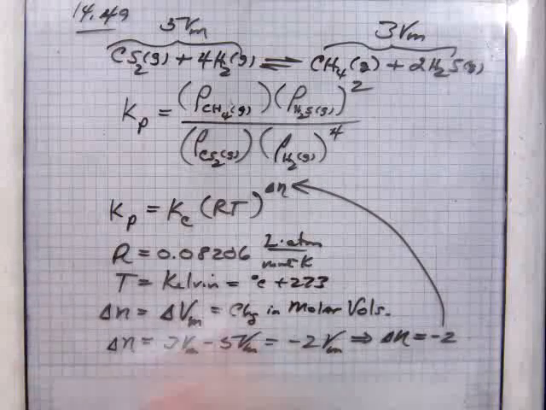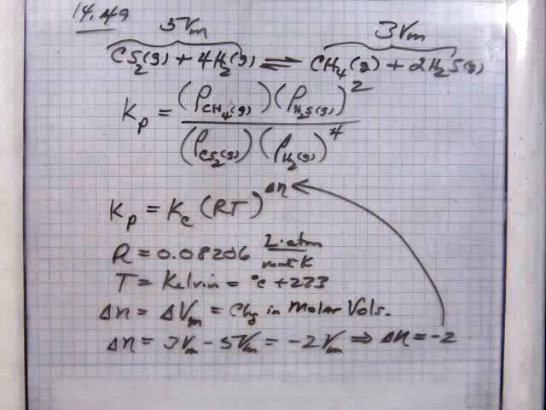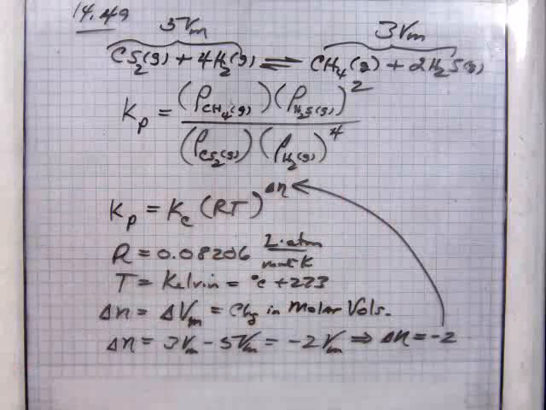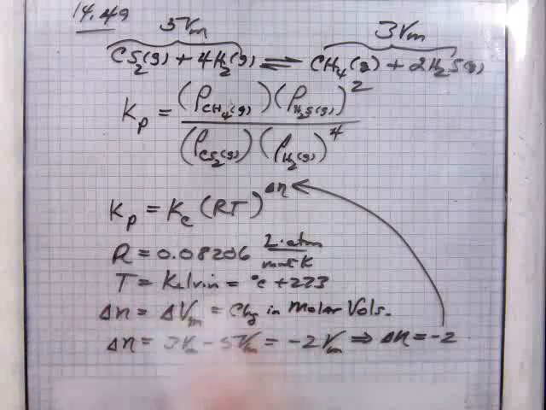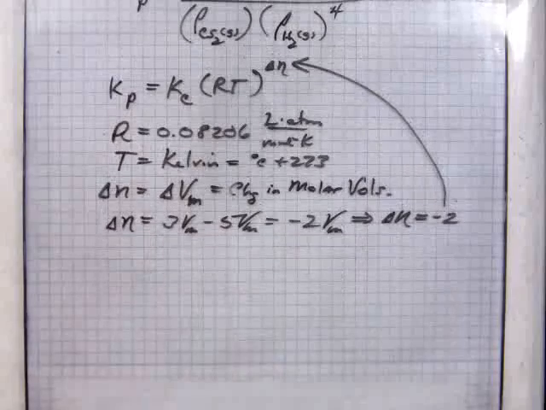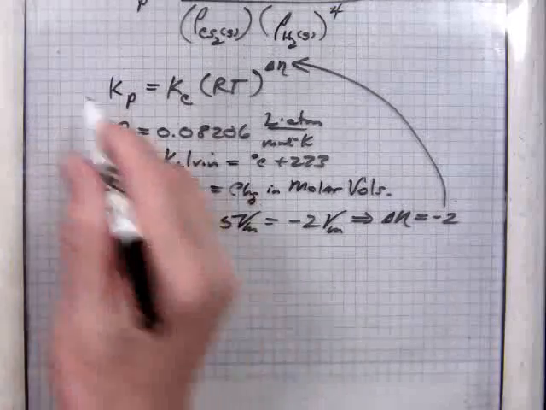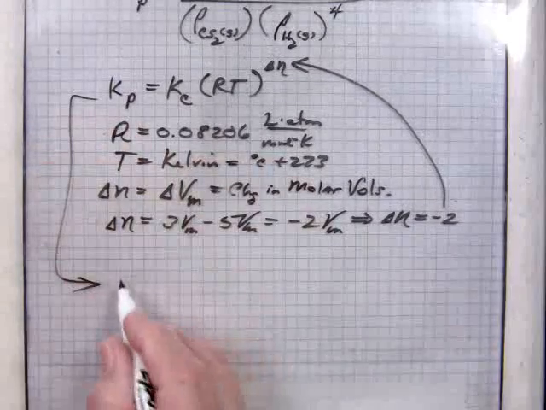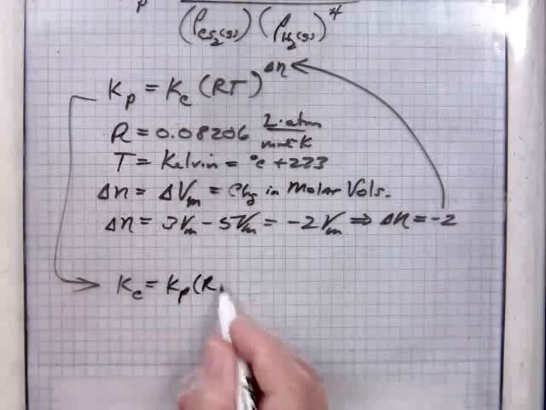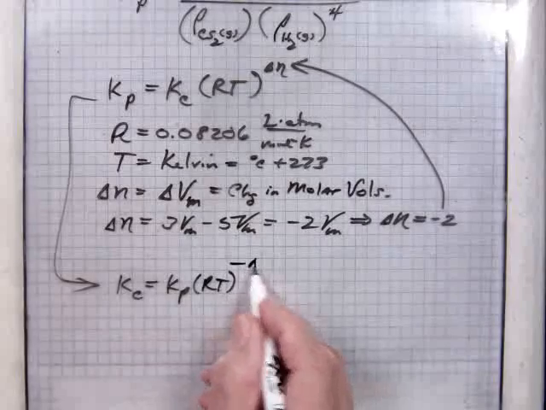And then you plug in and get a number. Okay? Regardless of the units, irrelevant, because this is just a relationship. Now, Kp and Kc can be changed in their positions, like Kc equals Kp, but RT goes to a minus delta N value.